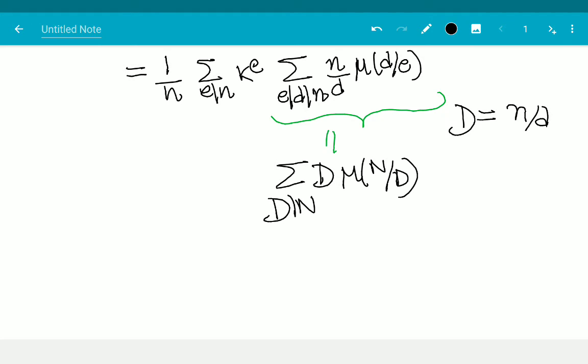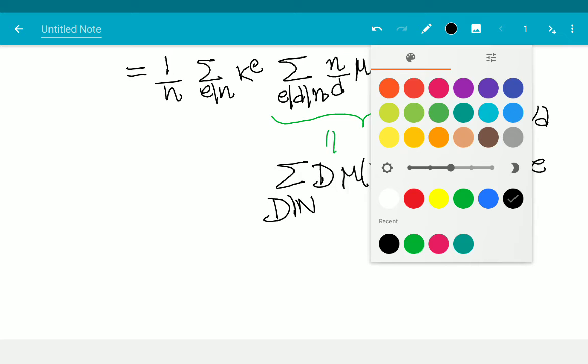So that this becomes n over d, and my capital N is equal to n over e. So if big D is n over d, big N is n over e, then big D does divide big N, right? Which is why this makes sense. And if you do this, d divided by n, you get small d divided by small e. It's easy to cross-check.